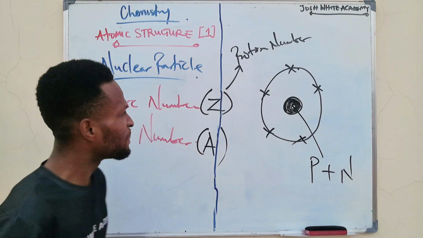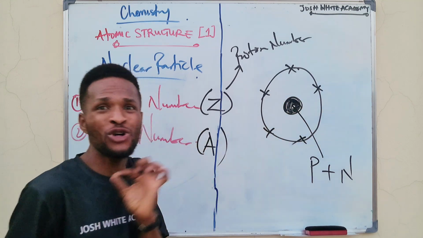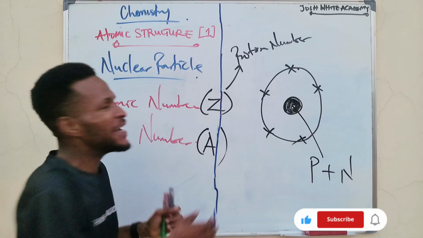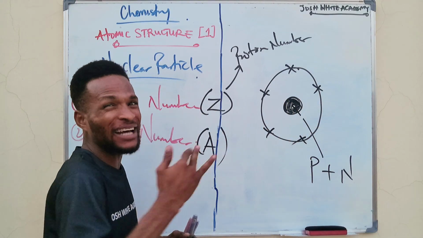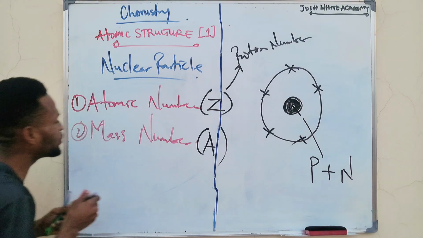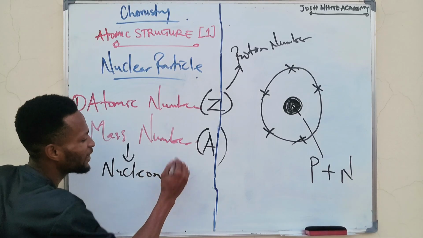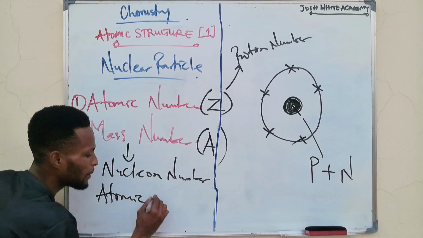Now mass number. Remember we said the mass of an atom is found in this centrally placed nucleus. So the mass number is the number of the nucleus, or better said, nucleon number. So mass number is also known as the nucleon number, or the atomic mass.